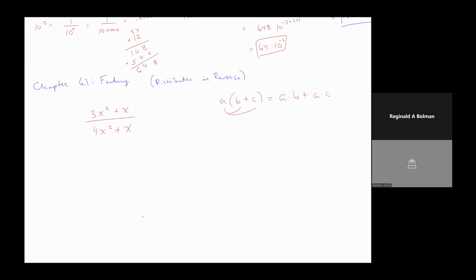And so here's the deal. If you were to take this 3x squared plus x and you expand it, what you're going to see is the x squared is going to equal x times x, right?